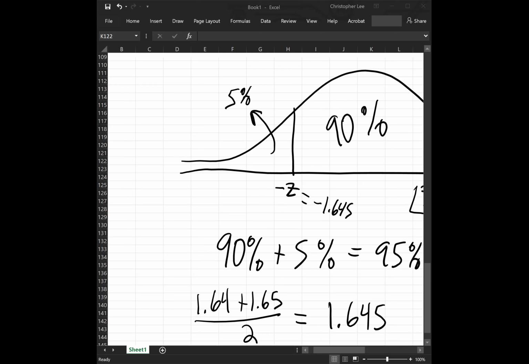It's in blue, DISTR, where the VARS button is. Then go down to inverse normal, the third one.